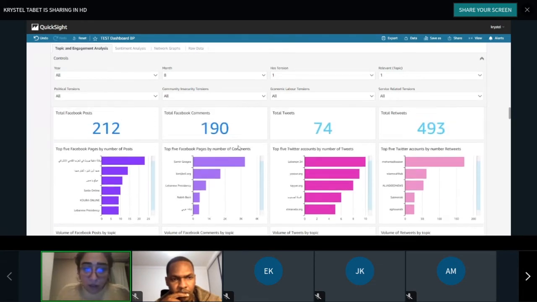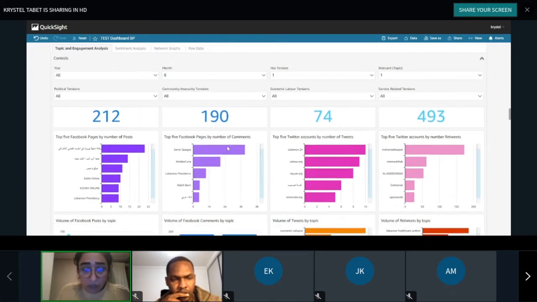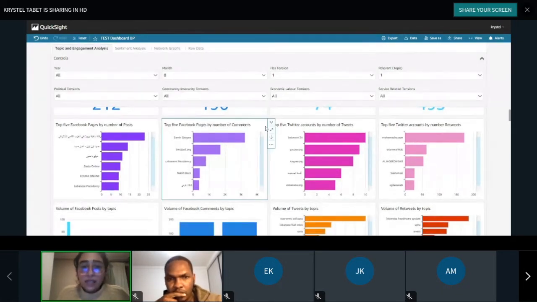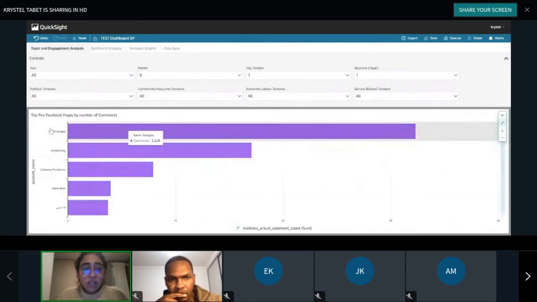So, top 5 Facebook pages by number of comments. Who gets the biggest number of comments? We can see Samir Geagea. Samir Geagea is the head of a right-wing Christian political party in Lebanon. In this phase specifically, he was very vocal about his opposition to the Assad regime in Syria, and therefore there were a lot of posts on his page on the topic, and the total number of comments in August is 3,229.